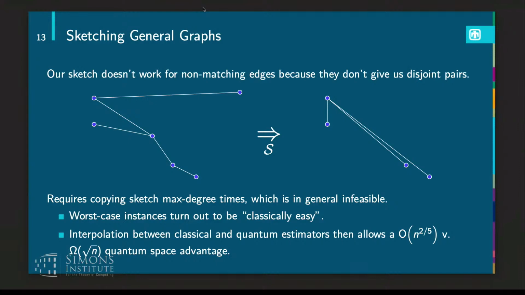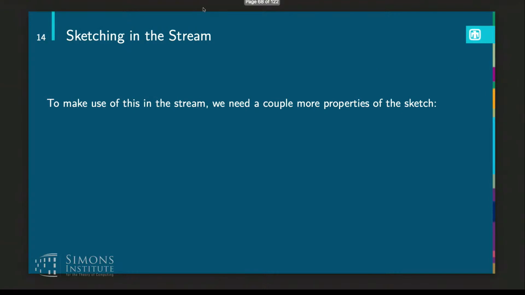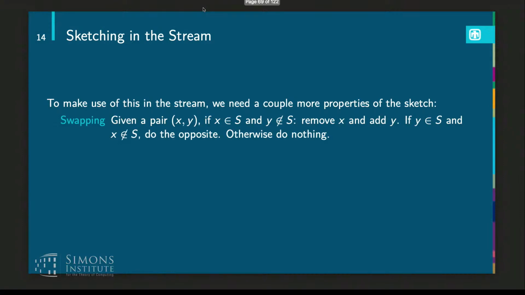So far, of course, this is still only for the two-player setting, and we would like something that works in the stream. For that, we're going to need to expand the capabilities of our sketch a little bit, and we're going to add two extra things to it. First, we're going to add this swap operator.